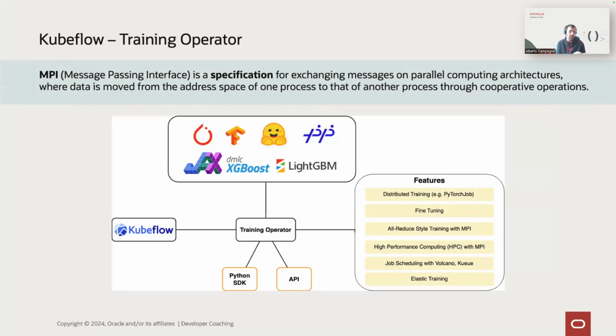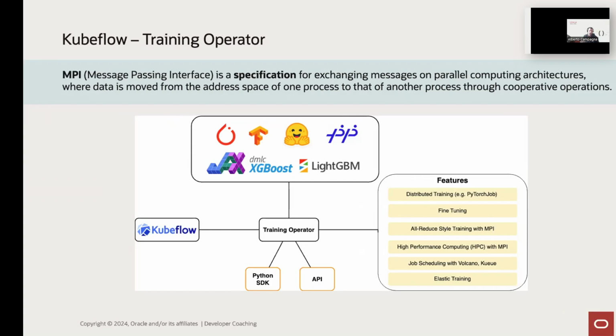About the training operator, where I've seen it used is for MPI. MPI is a specification for exchanging messages on parallel computing architectures. It was very widely used in the HPC world, the high performance computing world, but with the recent introduction of AI and the boom that AI has had, we've seen a huge increase in the use of this specification, and it is used for distributed training.